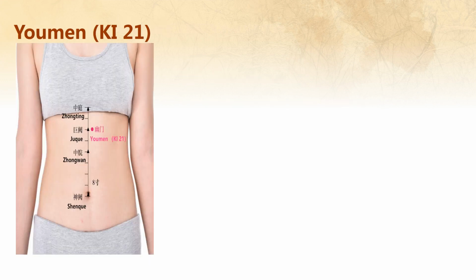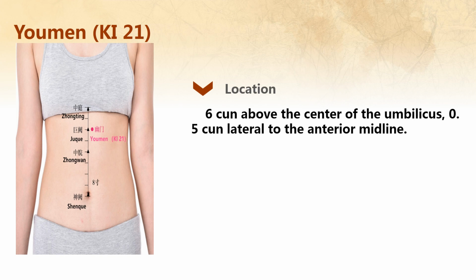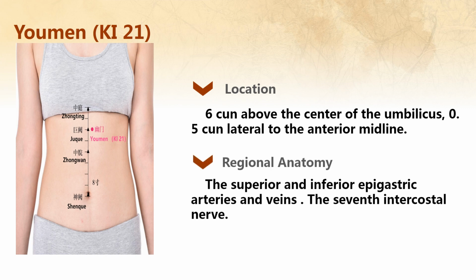The sixth point is 幽门. The acupoint is located 6 寸 above the center of the umbilicus, 0.5 寸 lateral to the anterior midline. The location of this acupoint contains the superior and the inferior epigastric arteries and the veins, the seventh intercostal nerve.